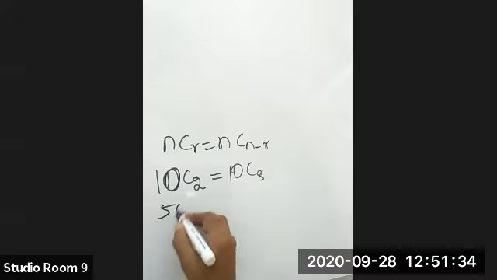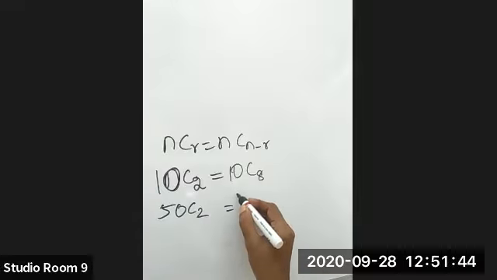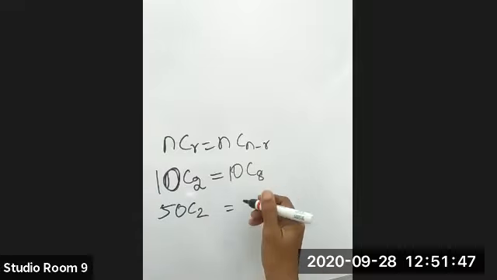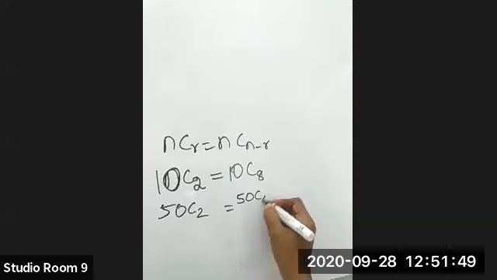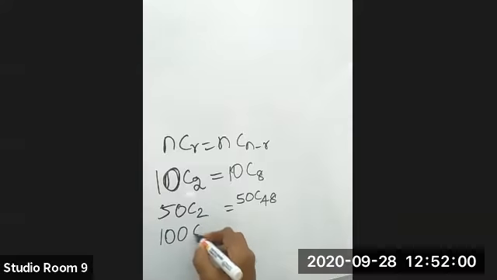What about 50C2? It will be the same as 50C48. 50C2 will be the same as 50C48. 100C99 will be the same as 100C1.